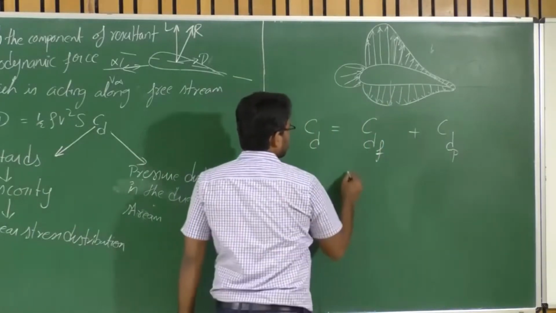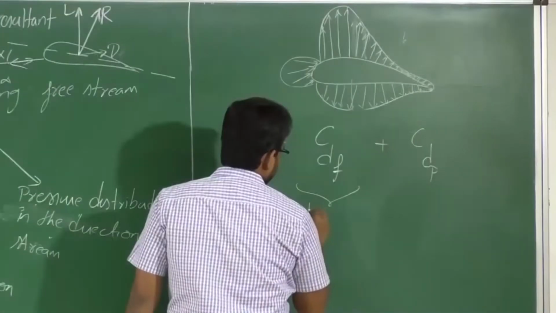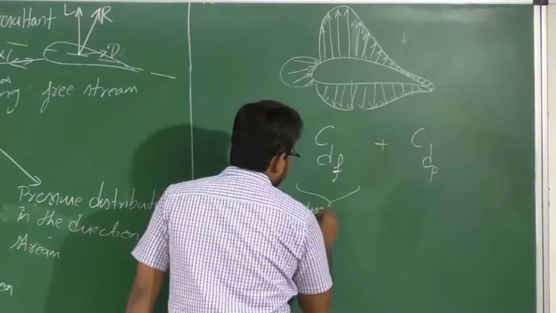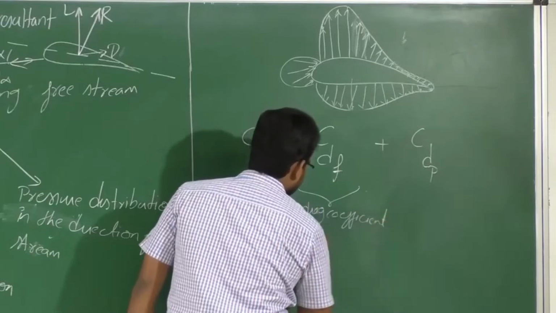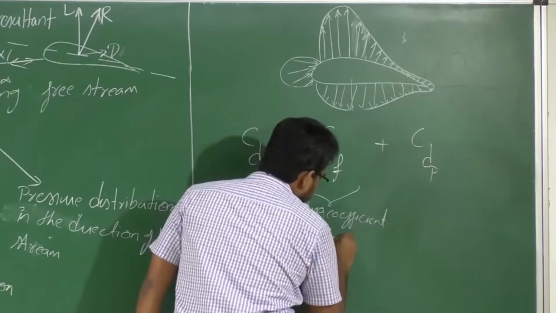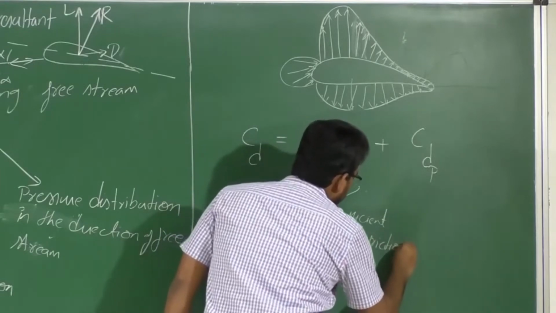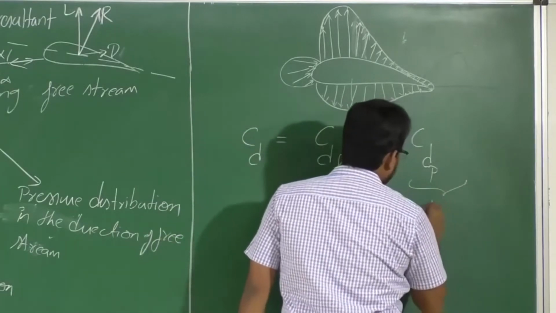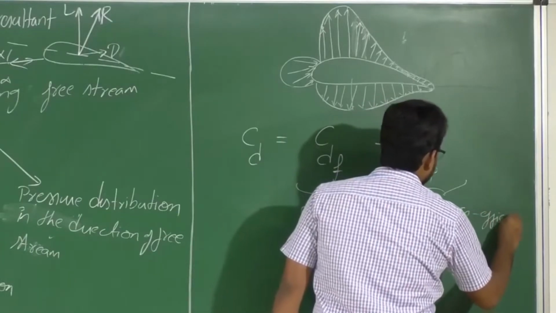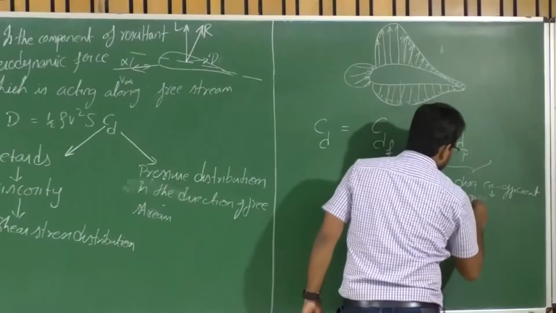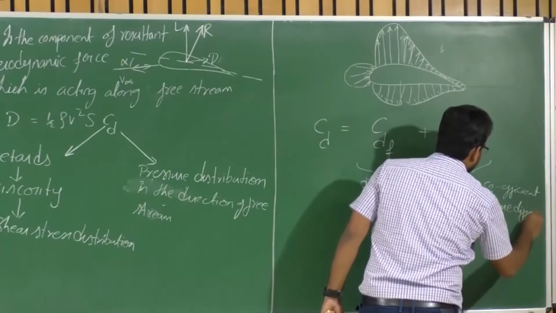So what do you call this? In the coefficient form, we call it the drag coefficient due to skin friction. We call it the drag coefficient due to pressure difference, right?